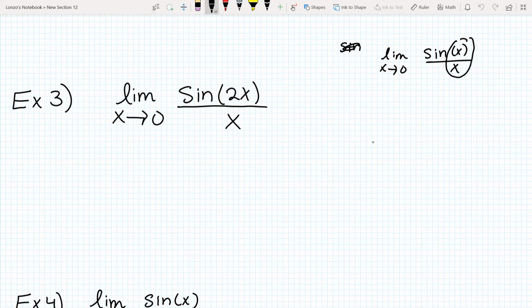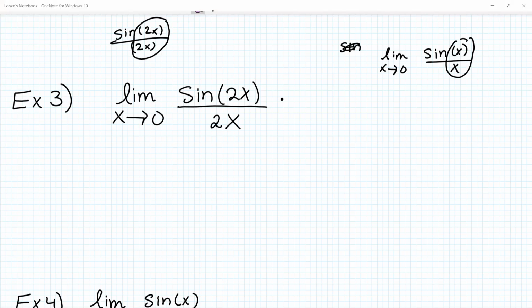Okay, so this is the tricky part. If you try to make this sine of 2x over 2x, because you want these to be the same, I would have to multiply the bottom by 2, and then I would also have to multiply the numerator by 2 to balance it. Because if I just left the 2 on the bottom, that actually changes the problem.